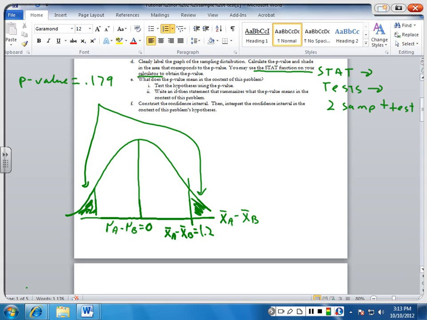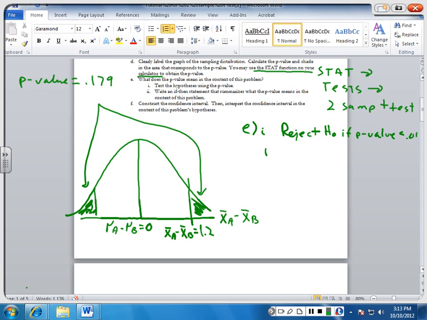In part E, the first part says test the hypothesis using the p-value. So we're going to reject H0 if the p-value is less than the level of significance, or less than alpha, which in this case is 0.01.